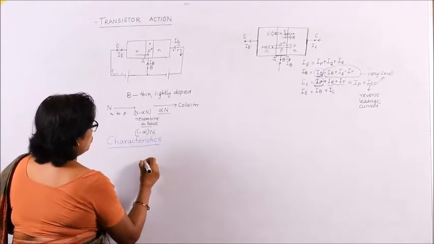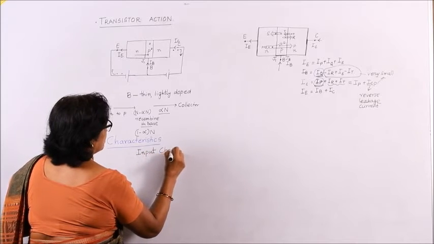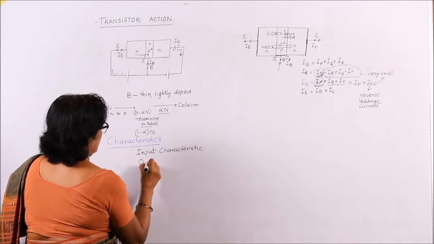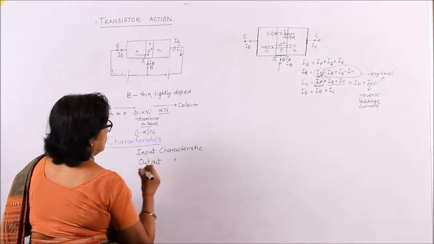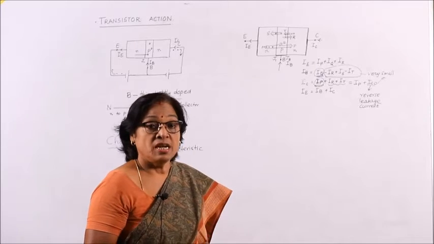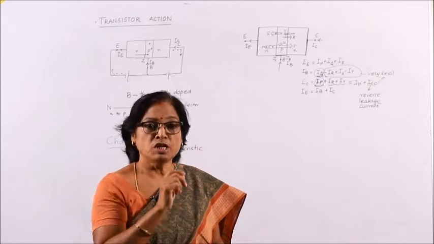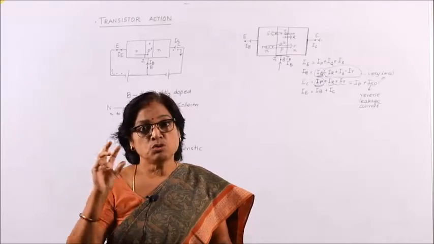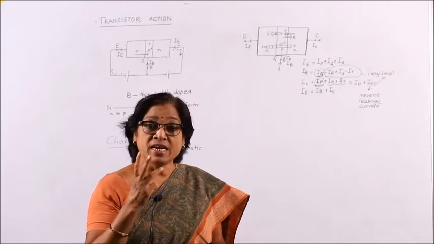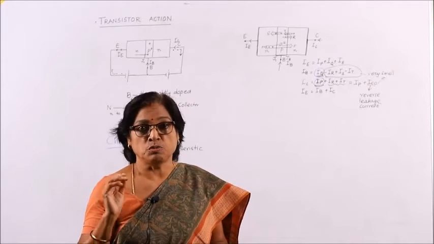Now, we can draw two types of characteristics, input characteristic and output characteristic. A transistor has 3 terminals, but when we connect input and output, input will have 2 ends and output has 2 ends. So, you require 2 plus 2, 4 ends must be connected, but there are 3 terminals. So, there must be one terminal which is common to both input and output.